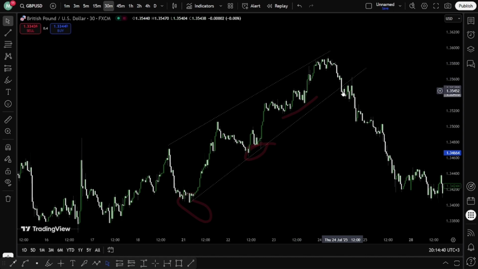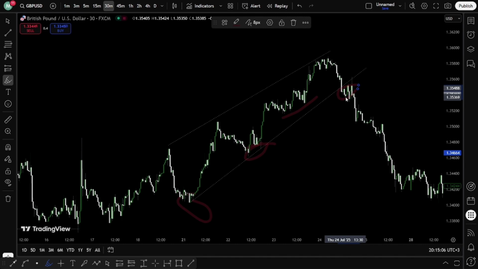It broke it with a full body candle. Then it was followed by a build up. If you followed the video that I gave you guys, price action says a build up is a confirmation of a clean break. Yeah, there are fake breakouts and clean breakouts.